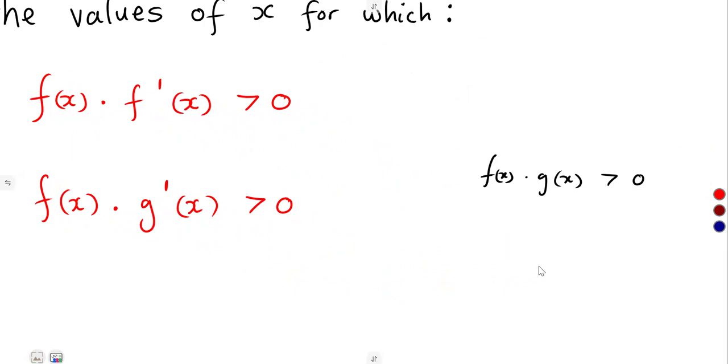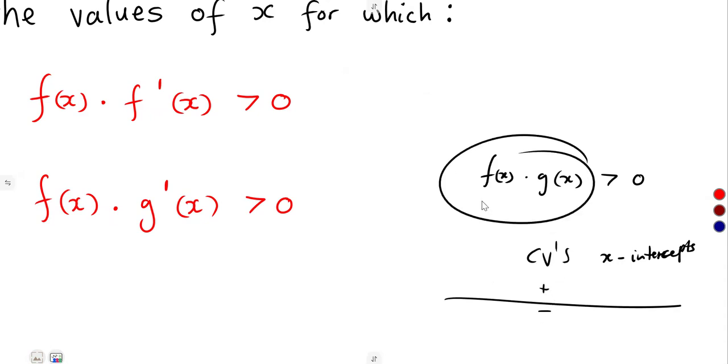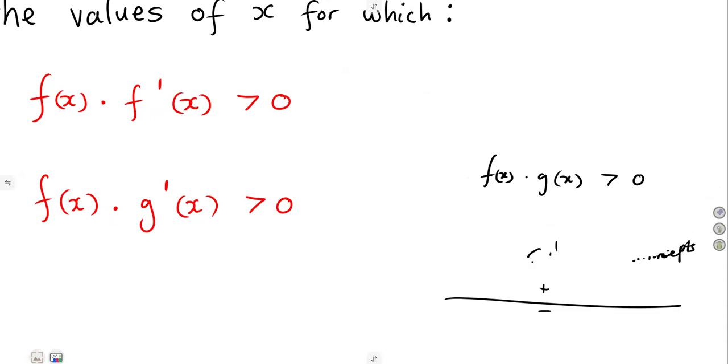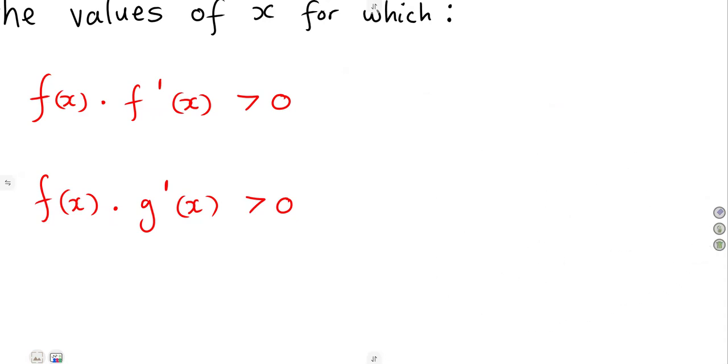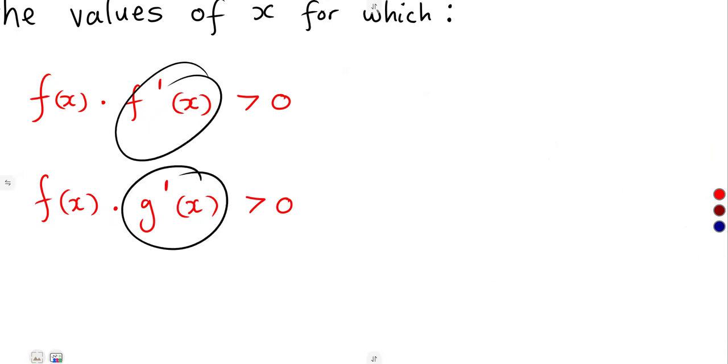That is the major part of your critical values. It will be the x-intercepts so that you can tell what is above the x-axis to be positive, and what is below to be negative. There was no derivative there. This time there is a derivative. So our critical values are also affected by the derivative part.